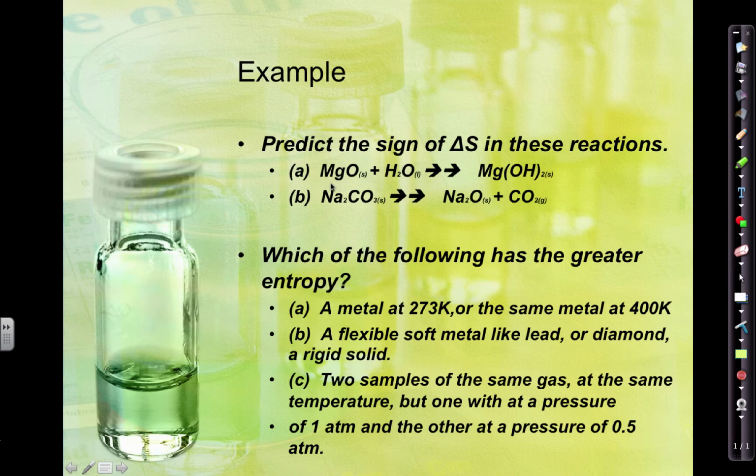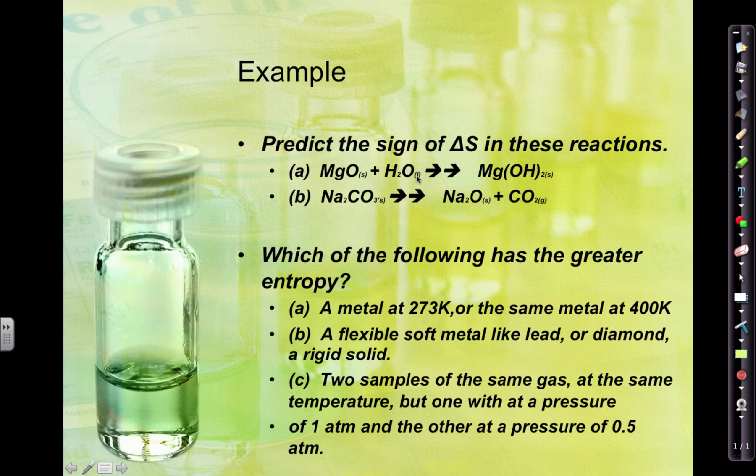We have magnesium oxide plus water produces magnesium hydroxide. Well, I could look at the fact that I've got one molecule here and one molecule here. So on this side, I have two molecules, and then I have one molecule on this side. I can't look at the fact that I've got solids and liquids here. I'm really going to look at the fact that I've got two molecules on this side and one on this side.